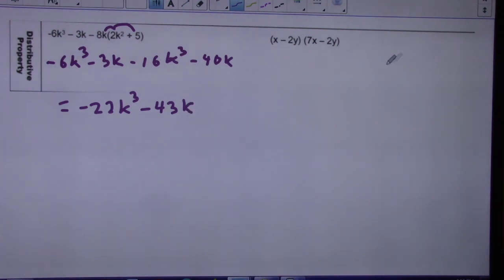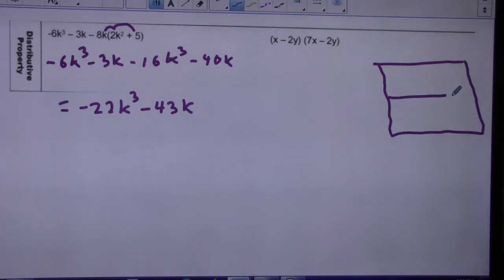And then this one here, you can do this different ways. One way you can do this is box it out like this. And just put x minus 2y here, and then 7x minus 2y here. So you get 7x squared here. You get negative 14xy.